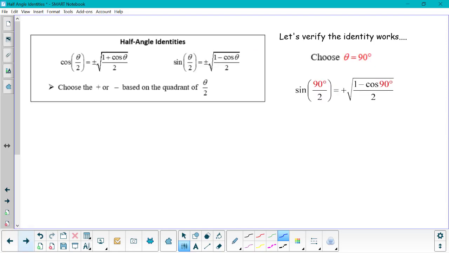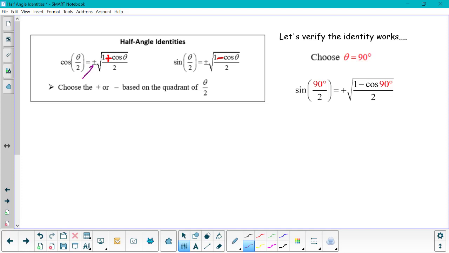So here are the half angle identities for cosine and sine. What's the only thing that's different about them? The cosine is 1 plus and the sine is 1 minus. So they're very similar. And the big thing is to be careful.